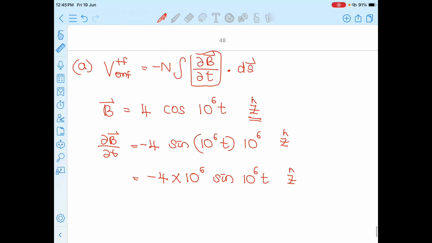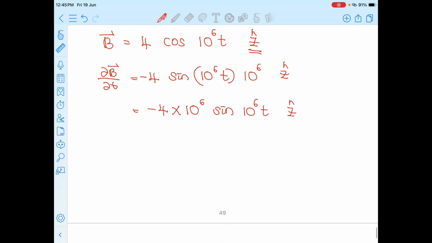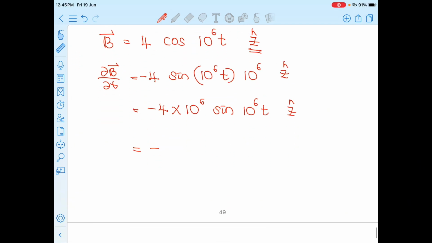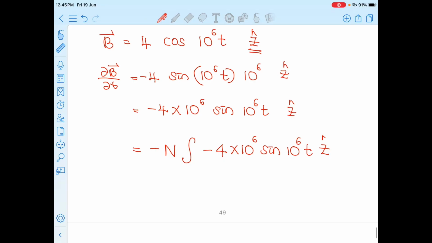Now you got this differentiation and you put it into your equation. So it will be equal to negative N integrate of negative 4 times 10 power 6 sine 10 power 6 t z, and over here you have a dS.